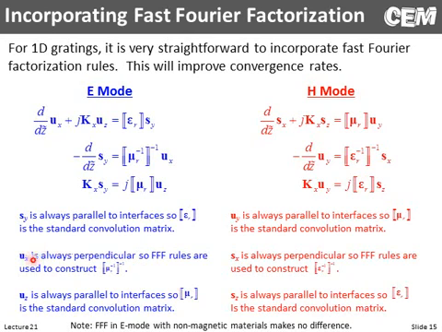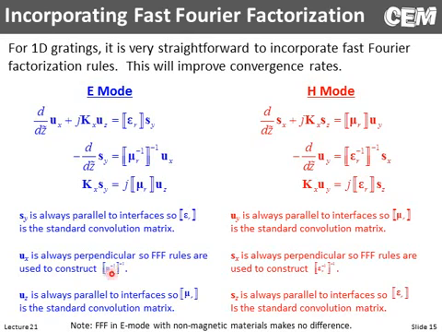Now UX is always perpendicular to the interfaces. So remember what we do here when we have, this is a problem case where we have the product of two functions in Fourier space that produce some convergence issues, and we fix this using fast Fourier factorization rules. So what we'll do is we'll take in this case, the permeability function, mu sub r, and we'll take the reciprocal of that.